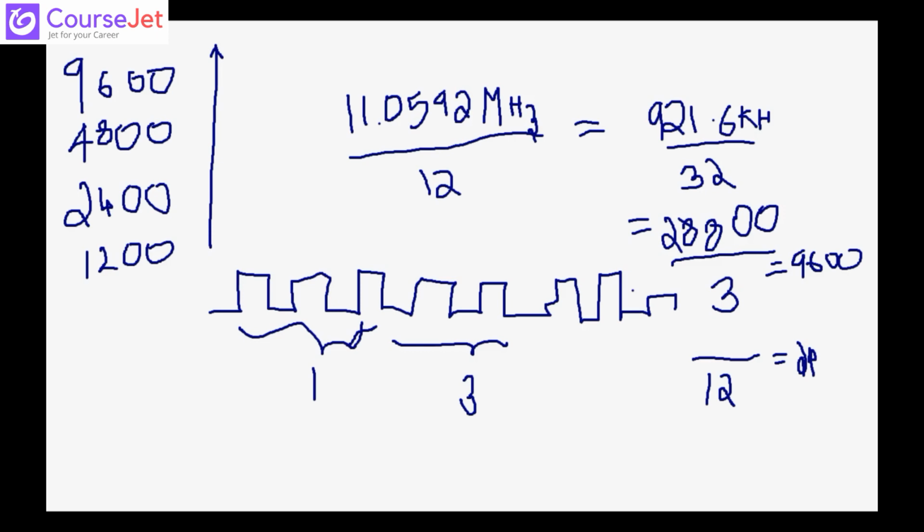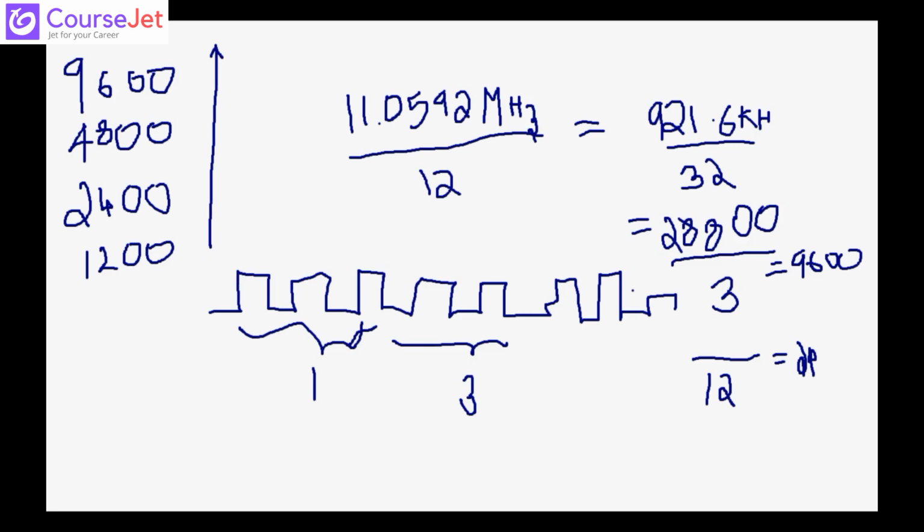This 12 you get simply by using machine cycles. If you say all these are 12 machine cycles, you will consider it as one machine cycle. Now don't think of these machine cycles, simply consider them as pulses. When I divide it by 12, you will get 921.6.